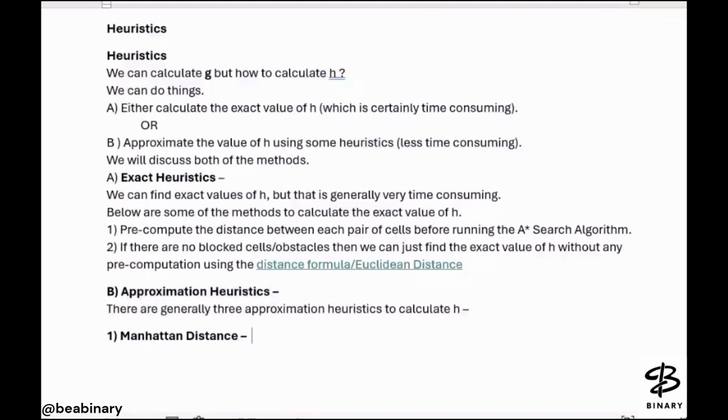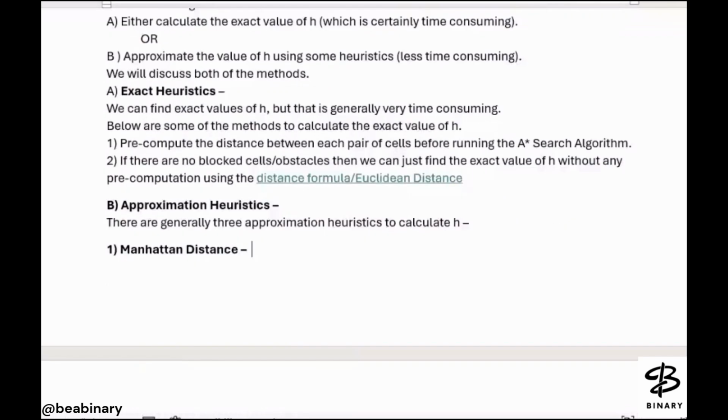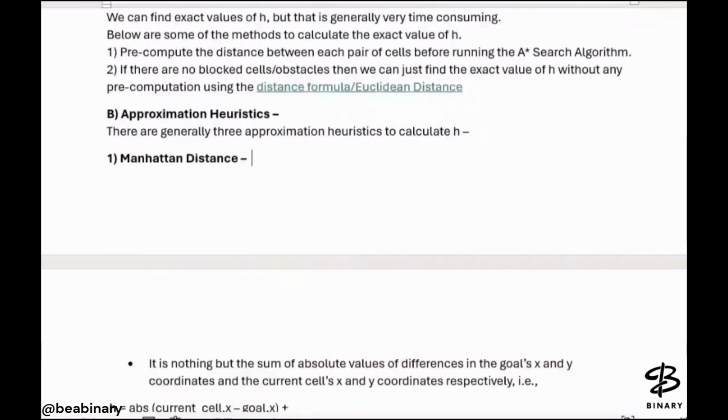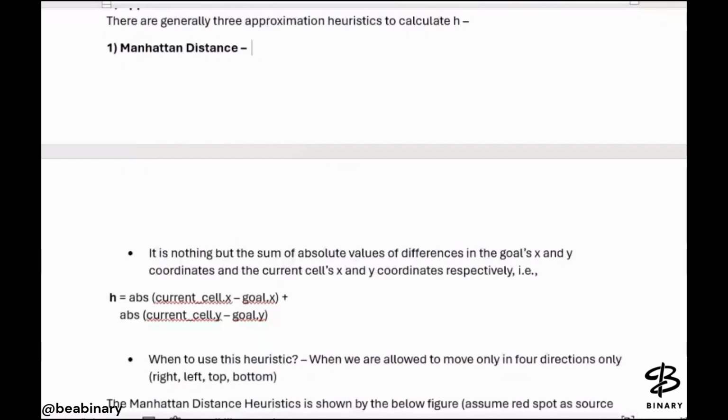There are 3 approximation heuristics to calculate. First is the Manhattan distance. It is nothing but the sum of the absolute values of the differences between the goal's x and y coordinates and the current cell's x and y coordinates respectively.